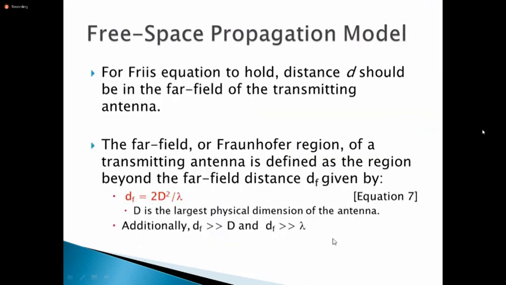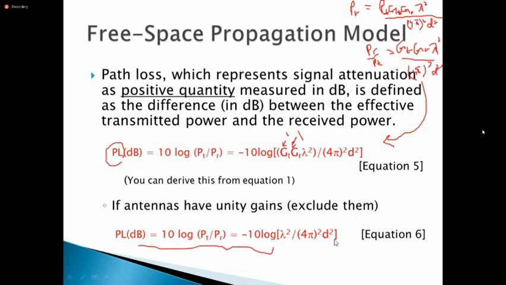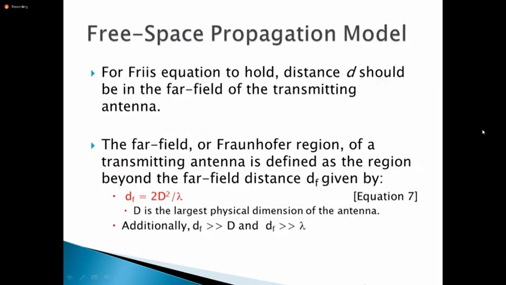හරිද? Then we were talking about this D and we were talking about which region this D is valid from the antenna. Antenna එකෙන් කොතනින් එහාටද D valid කියන එකත් අපි දැන් කතා කරා. That is the far field of the antenna. And we talked about the distance, the far field distance. DF is 2D square divided by lambda.